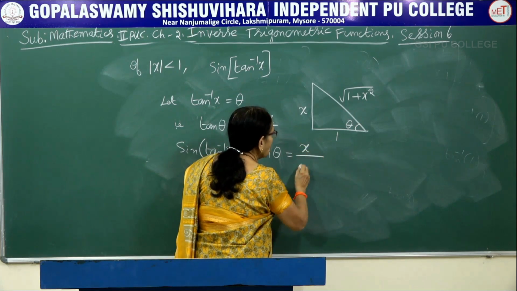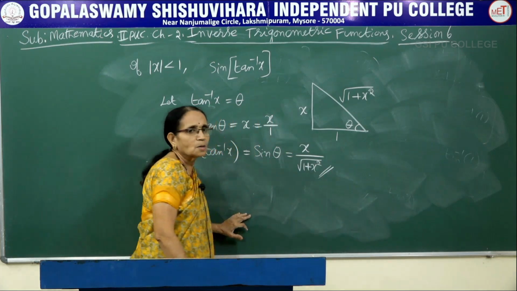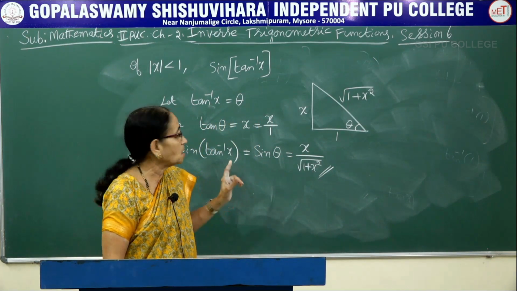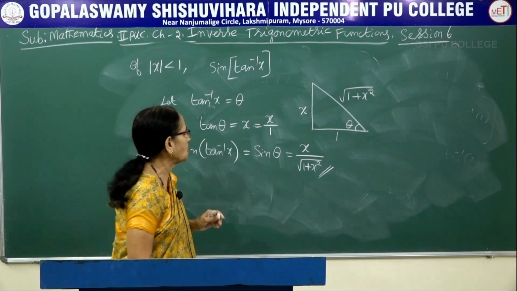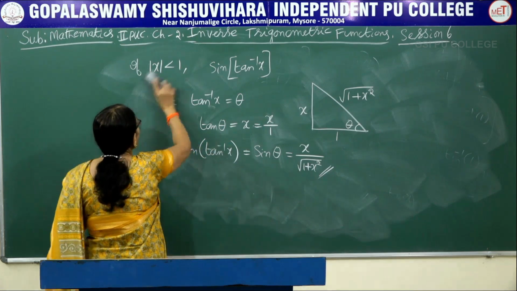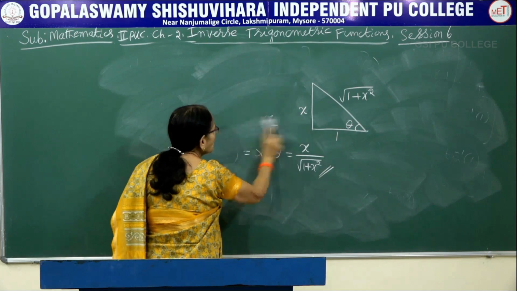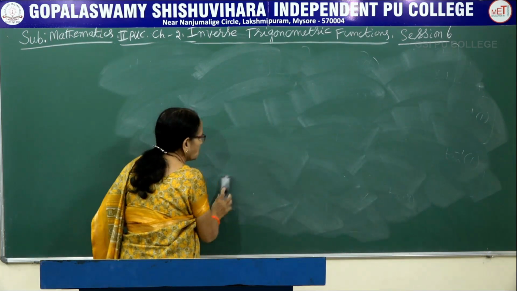Opposite is x, the hypotenuse being square root of 1 plus x square. So the value of the given expression sine of tan inverse x is equal to x divided by square root of 1 plus x square. So in all these problems so far, I was evaluating or simplifying the given expression.